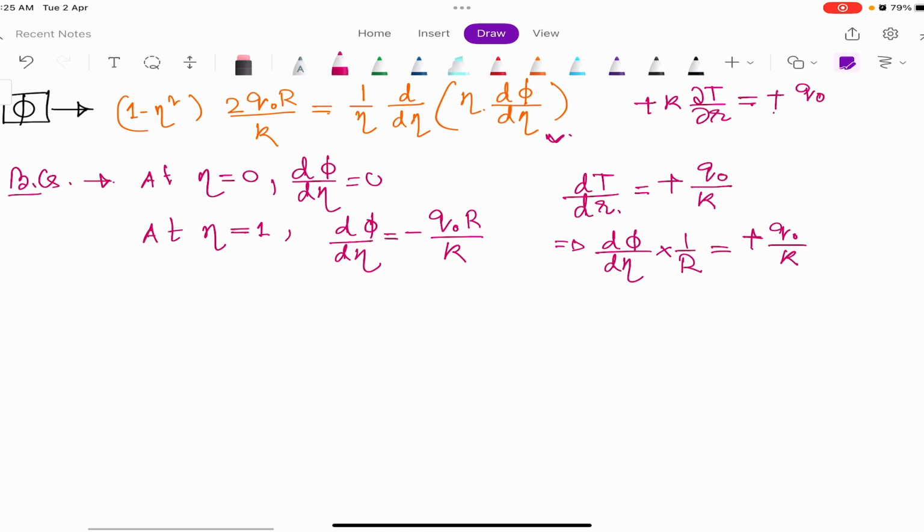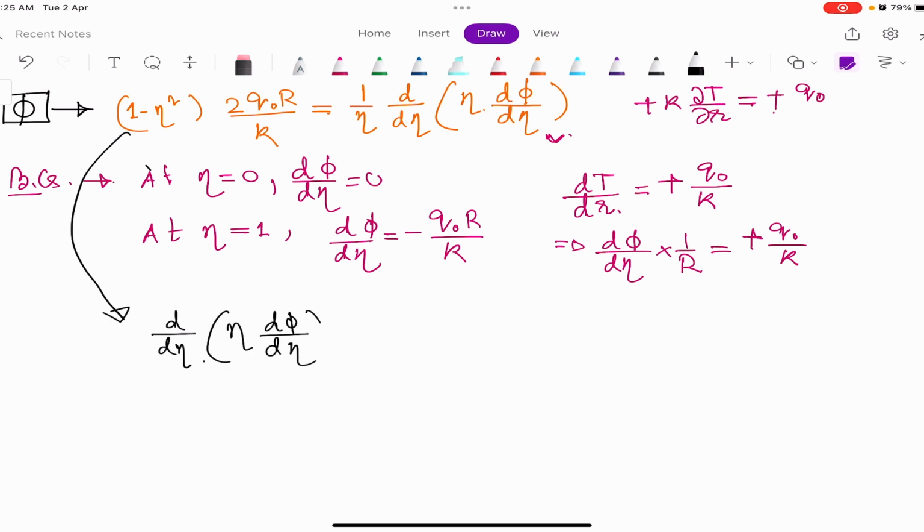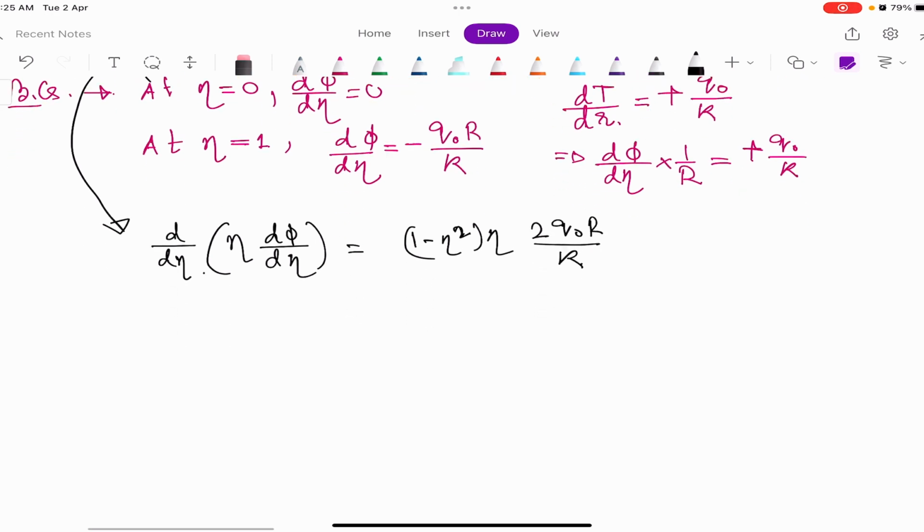Now we have to solve this. It is not so difficult actually. So this equation, what will it be? d/dη of η dφ/dη is equal to (1 − η²) times η times 2q₀R/k, right?